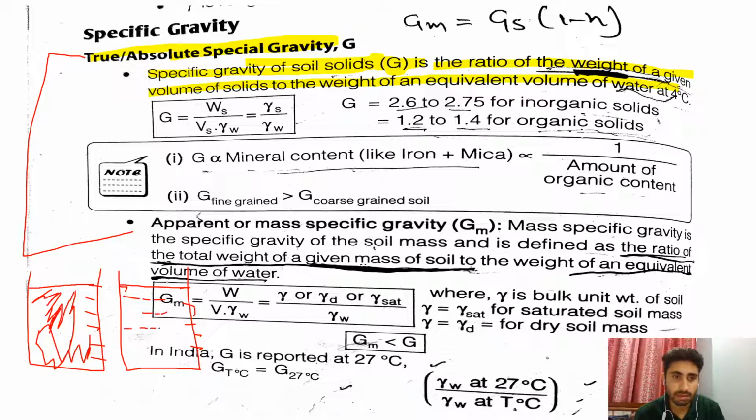Then if you divide the weight of this soil solid by the weight of this water, you will get the true or absolute specific gravity.